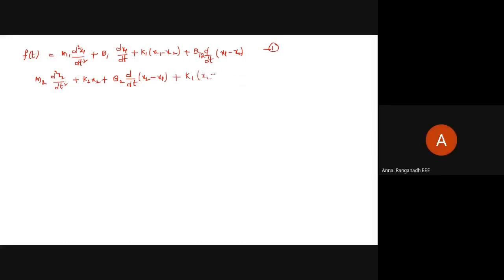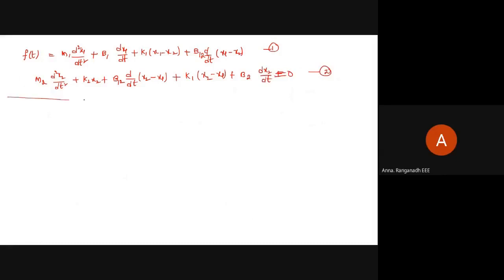Here is B12, this one. Next, plus B2 dx2 by dt equals 0.